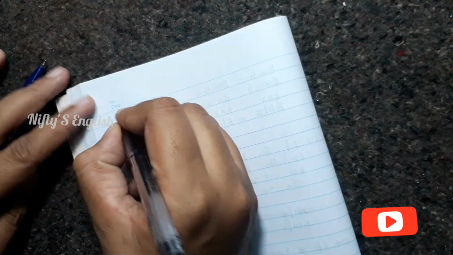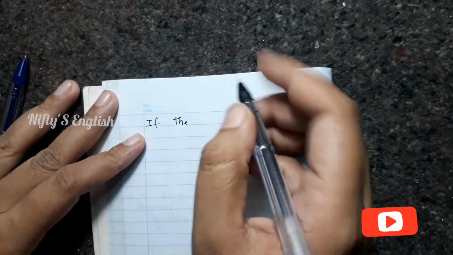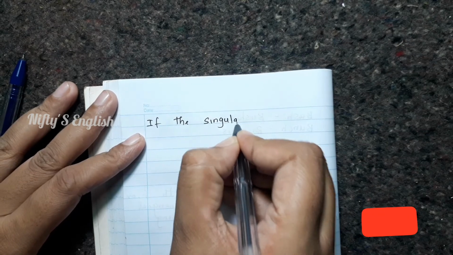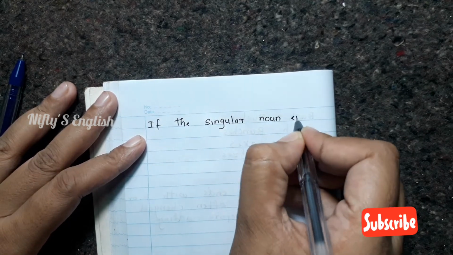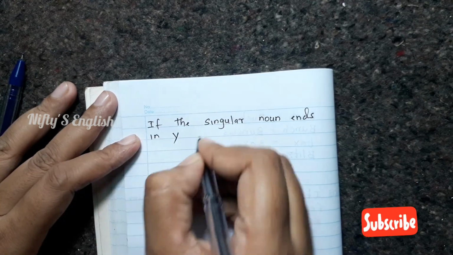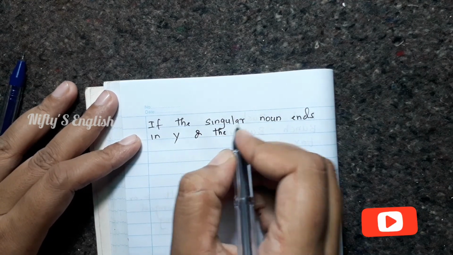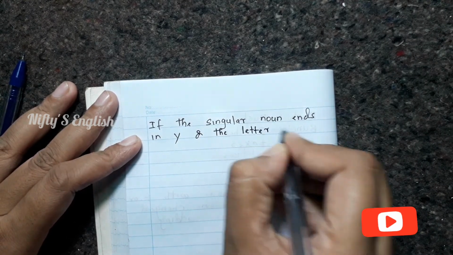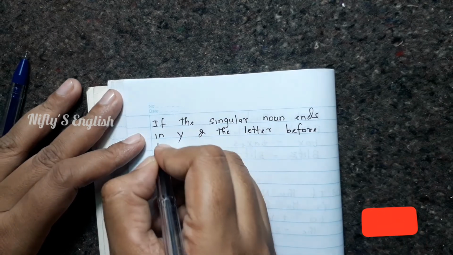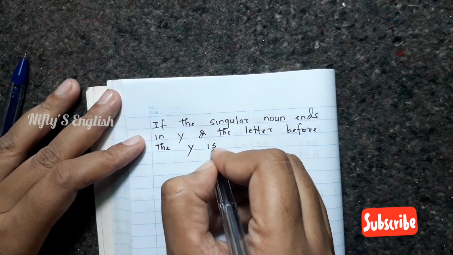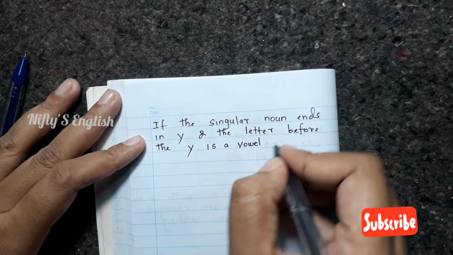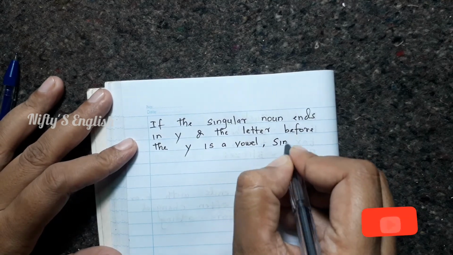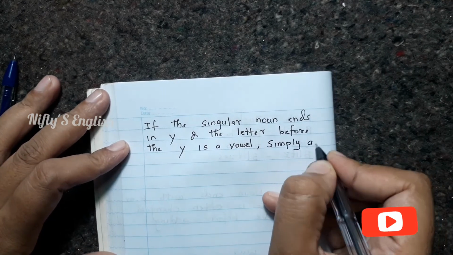The fifth rule is if the singular noun ends in y, and the letter before the y is a vowel, simply add an s.